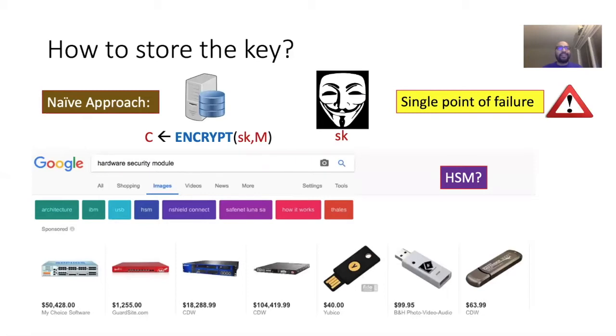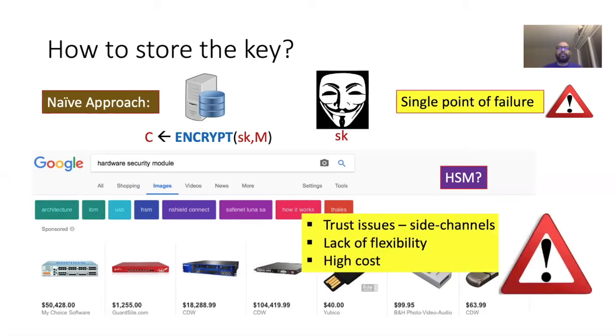Typically in industry, what people do is use a hardware security module which stores the secret key, and then whenever decryption is needed, the hardware security module can throw out the secret key and decryption is performed. Although it has a lot of benefits, there are some obvious drawbacks. For example, there are a lot of side channel attacks for these kinds of solutions.